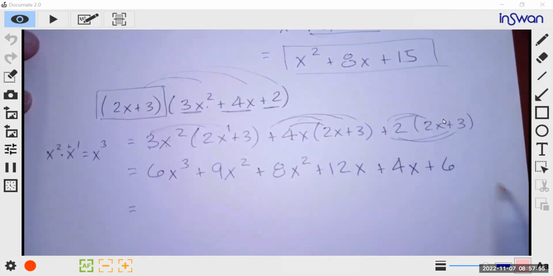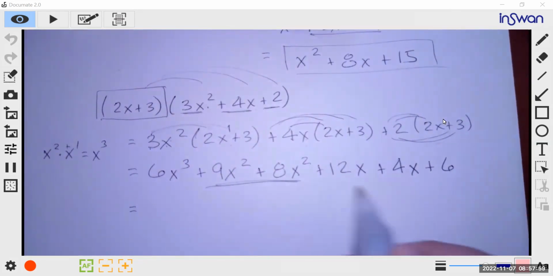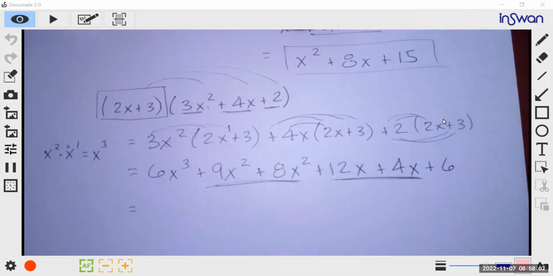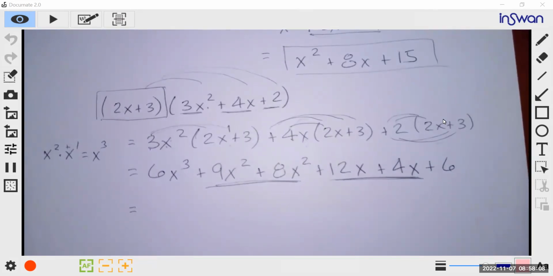We got rid of parentheses, so combine like terms. These are like terms. These are like terms. When we say like terms, what are we looking at? The variables, yeah. The letters have the same exponents. Or if you have a whole series of letters, they're all exactly the same letters and the same numbers on them.